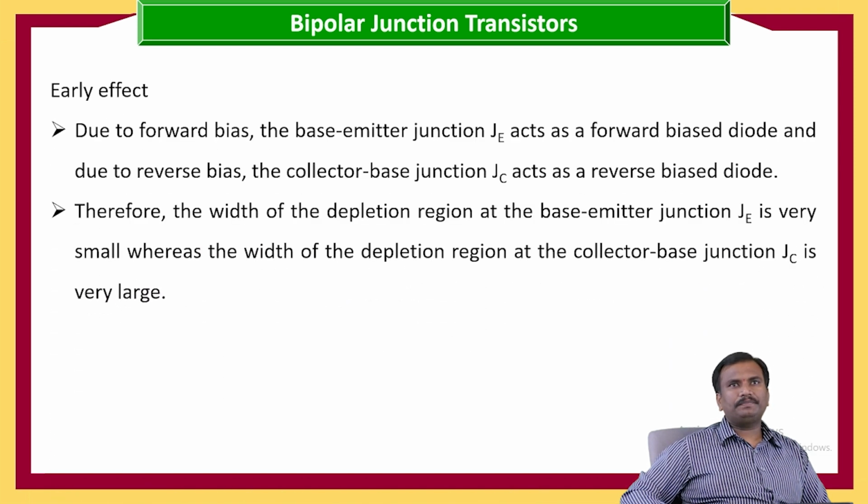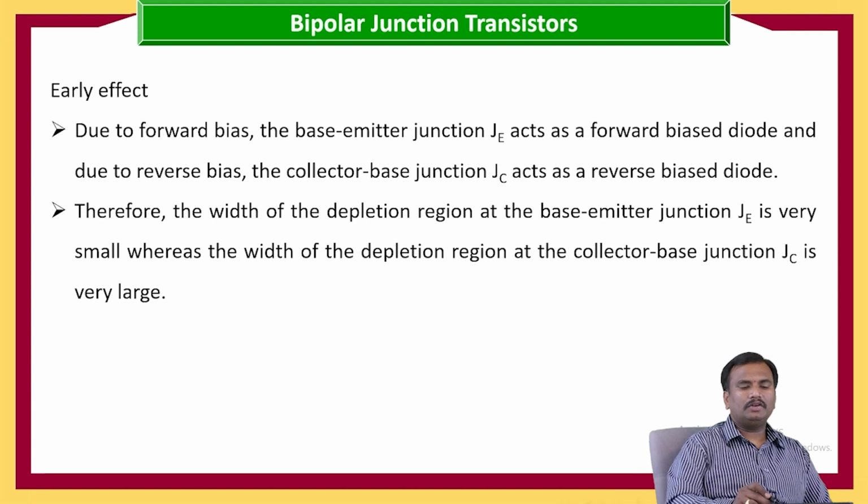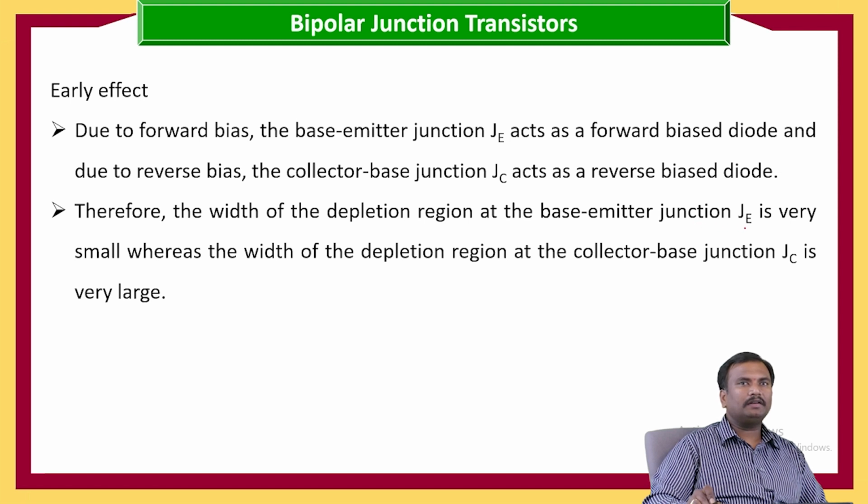The next one is the early effect. Due to the forward bias, the base to emitter junction acts as a forward bias diode, and due to reverse bias, the collector to base junction acts as a reverse bias diode. Therefore, the width of the depletion region at the base to emitter junction is very small, whereas the width of the depletion region at the collector base junction is very large.